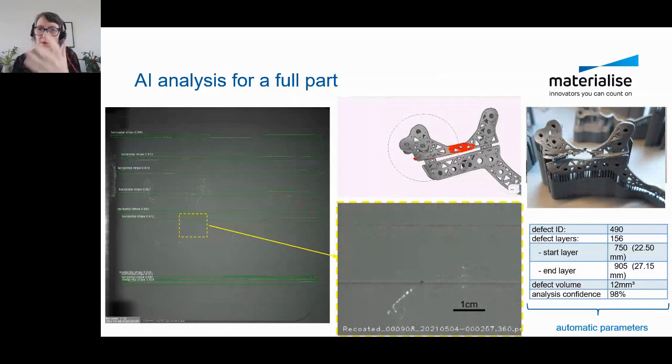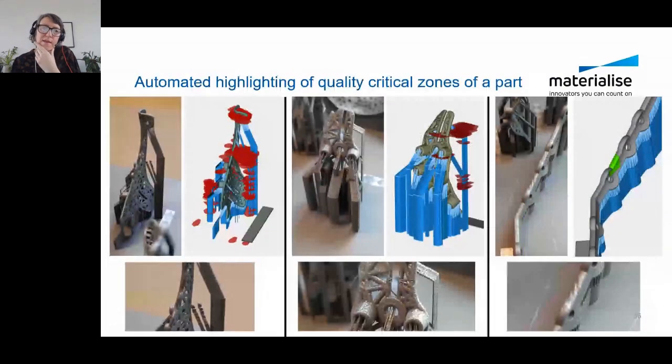Here you immediately see it when you get it from the machine, but that's not always the case. Sometimes it's a bit more hidden, and there are some more examples here. On the first one, we noticed that the support got detached as well, and you can see there were several things happening, so it indicates a spot.